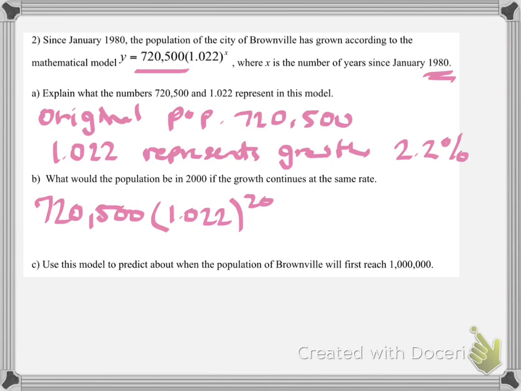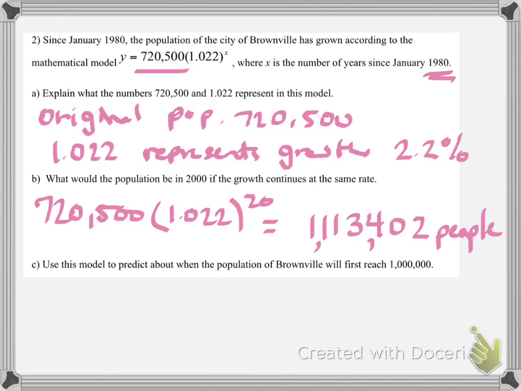So if I plug that in, 720,500 times 1.022 to the 20th power is 1,113,401.75. Since we're talking about a number of people, I'm going to round that up to 1,113,402 people. That's your new population.